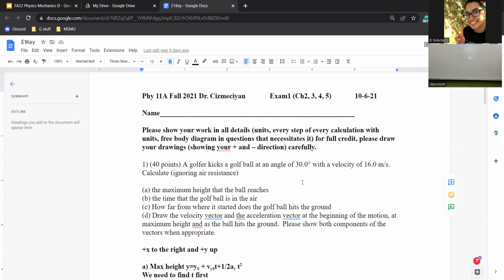Right? And because this one's pretty simple, I feel comfortable just plugging them directly in. You could, of course, solve for the variable by itself, so t equal to, and then plug it in there. But yeah.